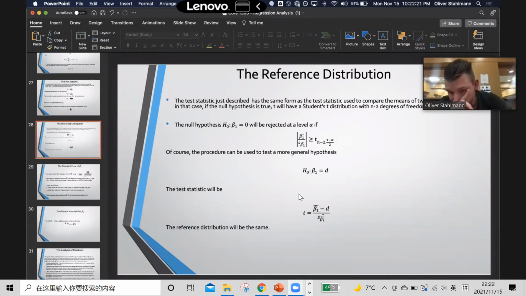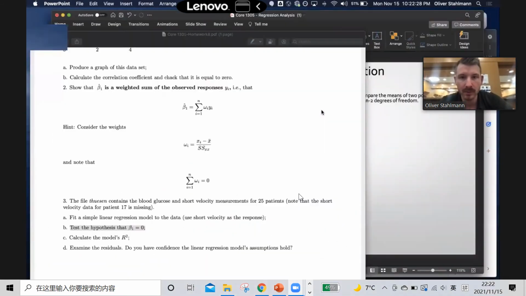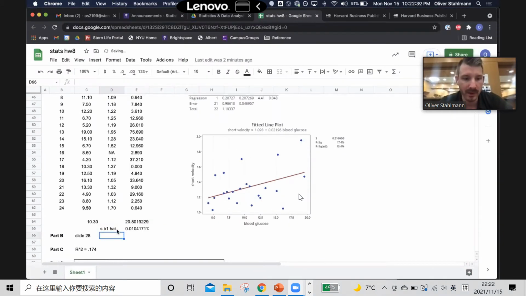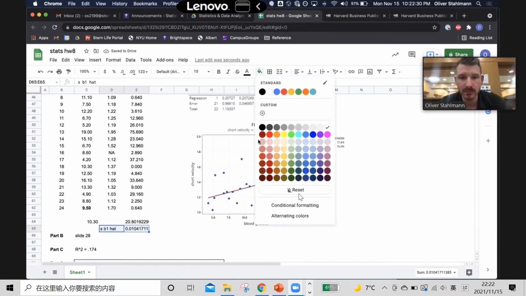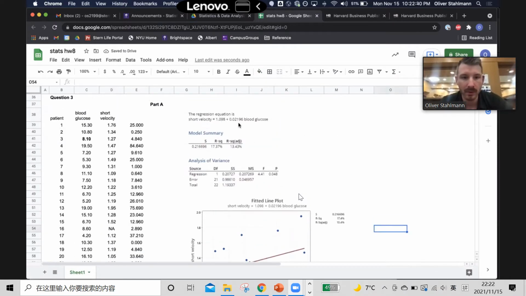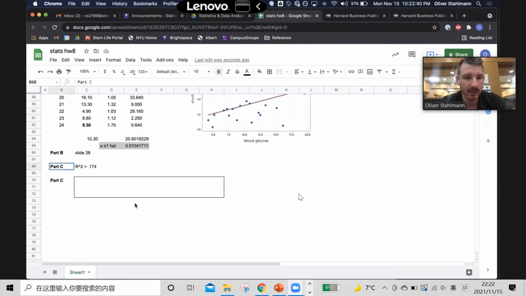So we have the denominator of the test statistic, which is right here. So this is SB1 hat. And then we have M is 0.02196. So we could say, hold on.